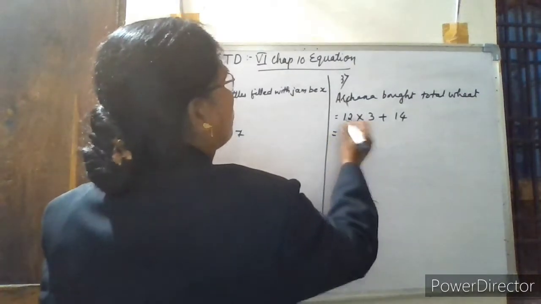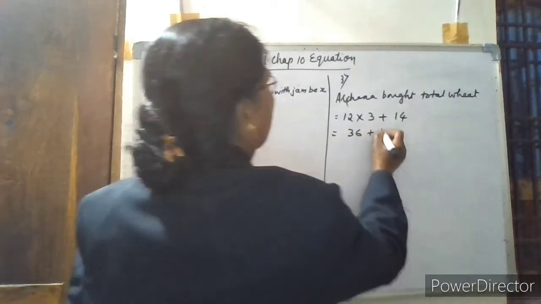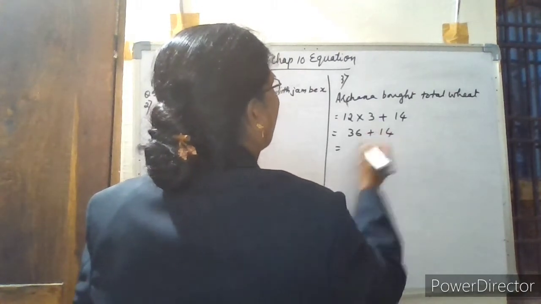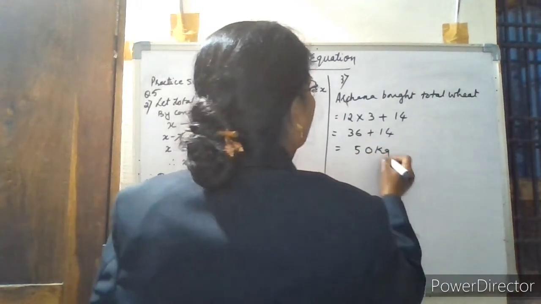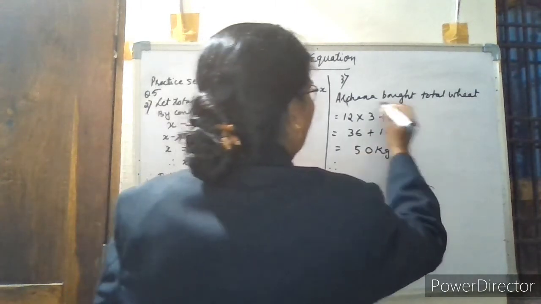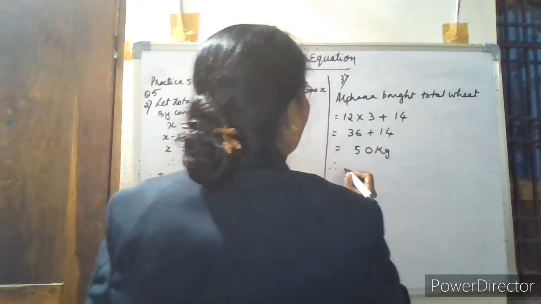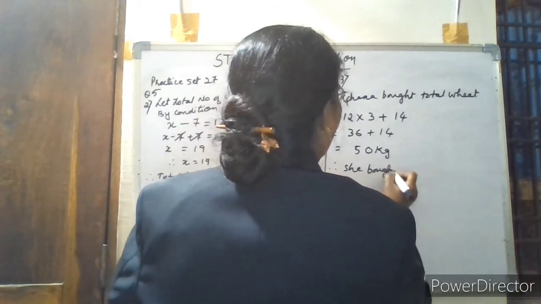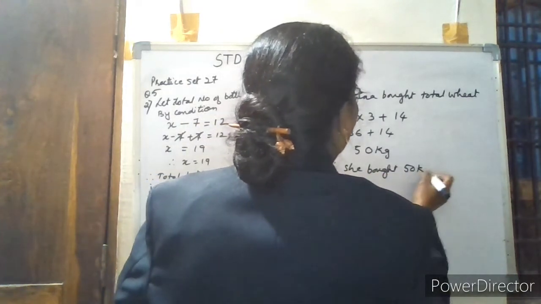So 12 times 3 is 36, 36 plus 14 gives 50 kg of wheat. Therefore, Archana bought 50 kg of wheat.